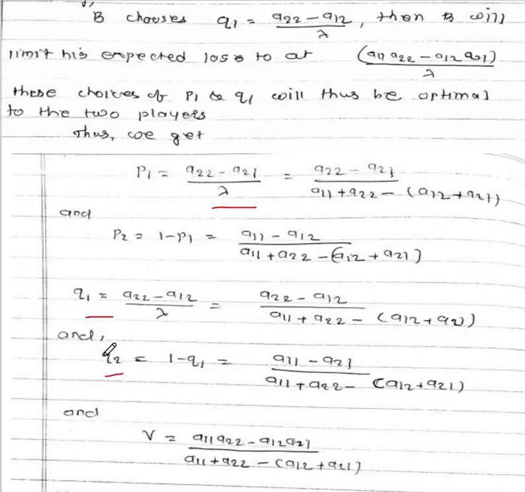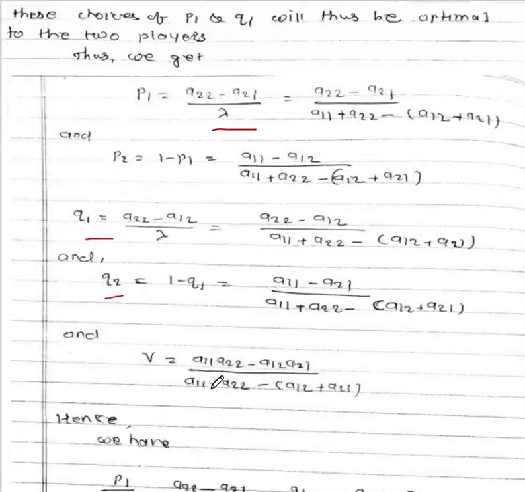Then the value of the game is found to be V equal to A11 A22 minus A12 A21 divided by lambda, where lambda is A11 plus A22 minus A12 plus A21. Okay, so this is the value of the game.